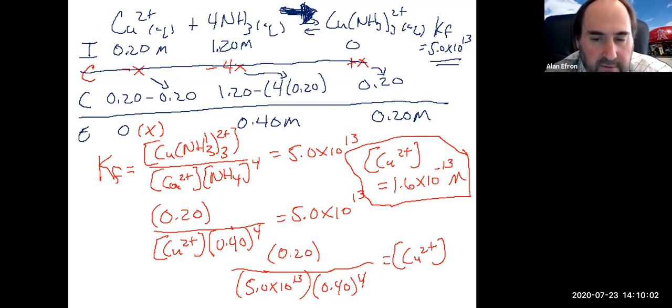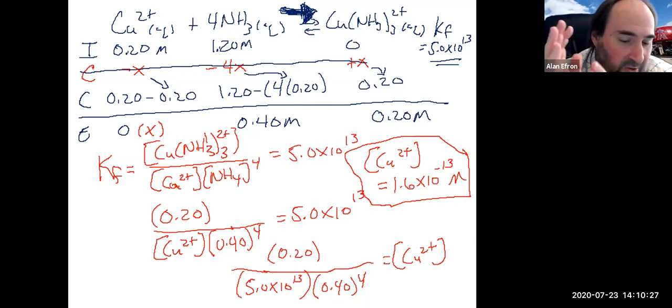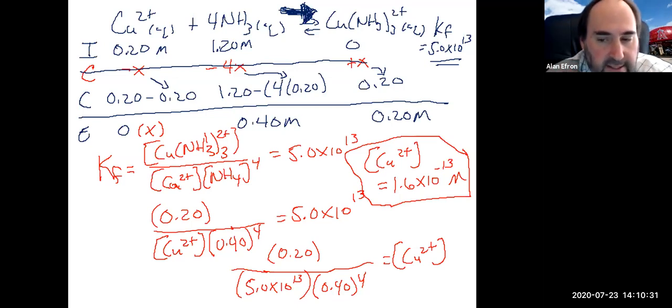So both of those values agree with the assumption that we made, that we should have pretty much no free copper 2 ions floating around, at a concentration of basically 0.000000000001 6. Technically speaking, there is a super small amount of the free ions still floating around. Any questions on that there?